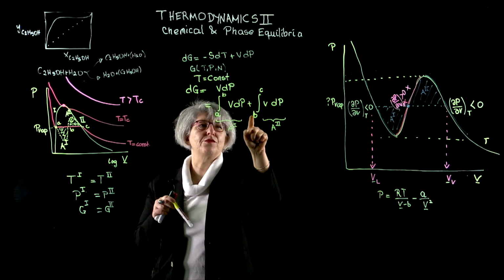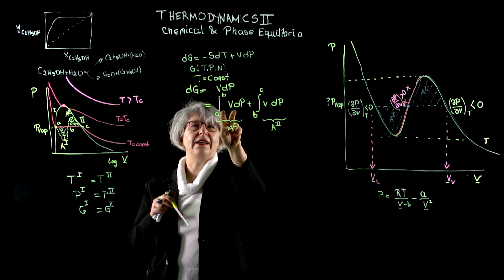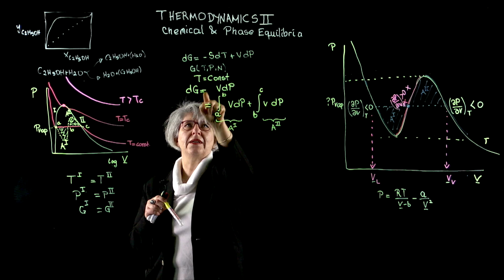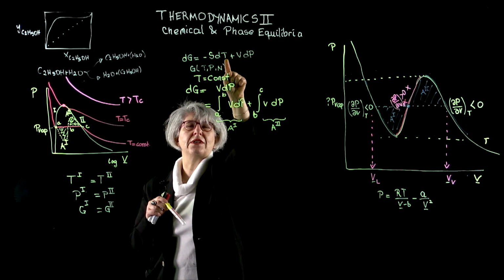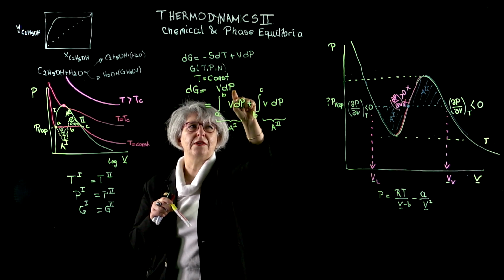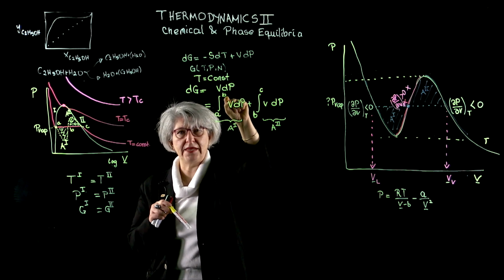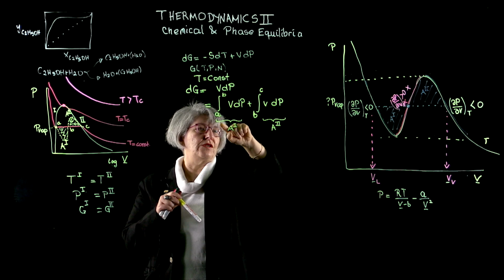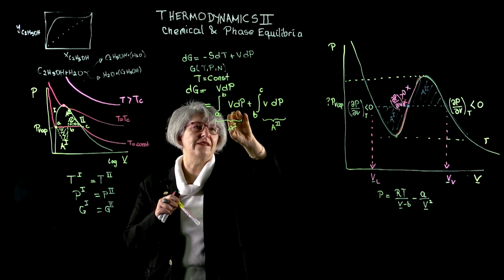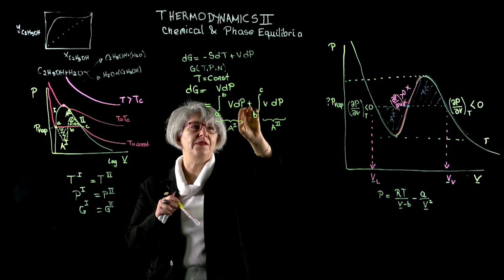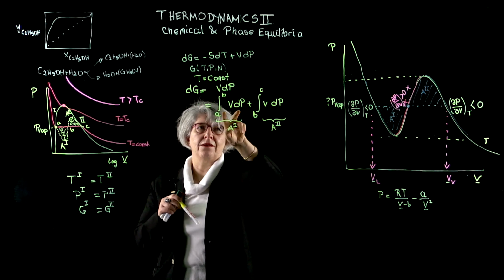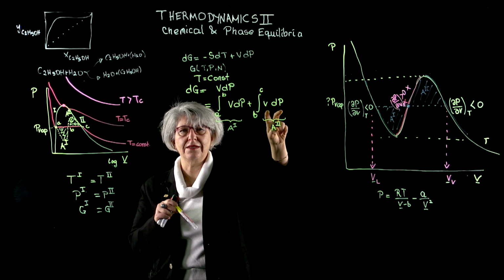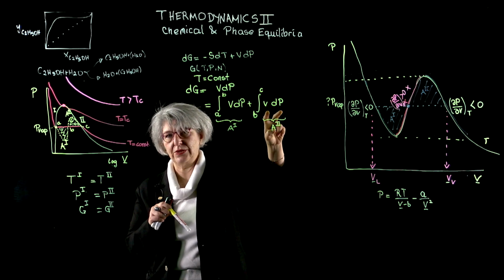The mathematical approach is here. We have Gibbs free energy at constant temperature as VdP. We are going to find the B, all right, so that our integral of VdP on one branch is going to be equal to the integral on the other branch.